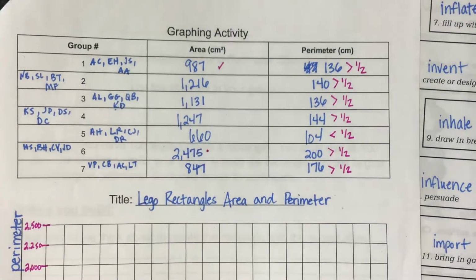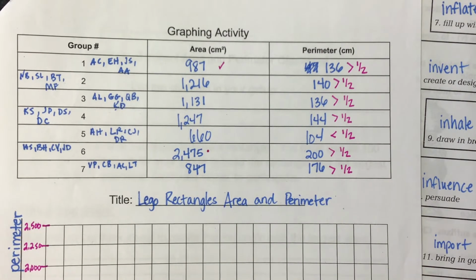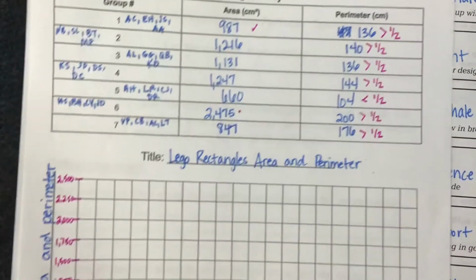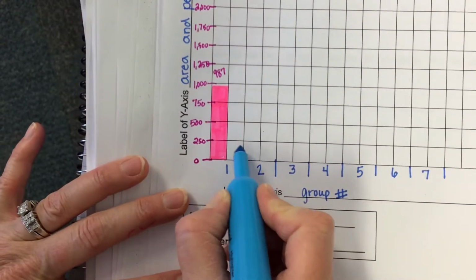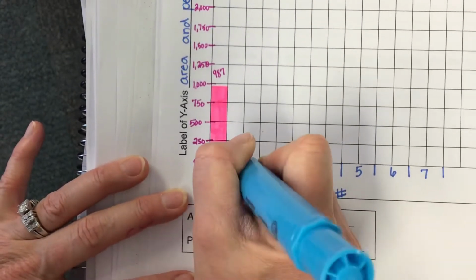So 136 is going to be a little bit more than half. And notice there's two that are 136. So I'm going to take my blue marker and I'm going to go a little bit. Here's halfway. And I'm just going to go a little less than that. And I'm going to shade that in.